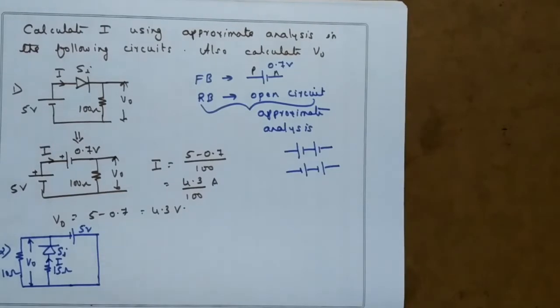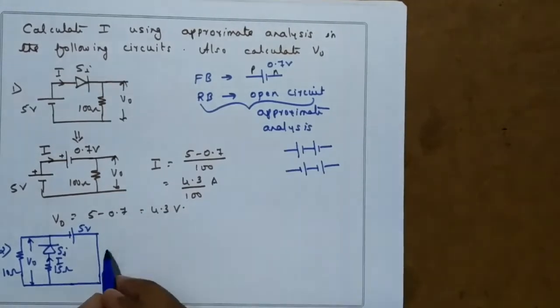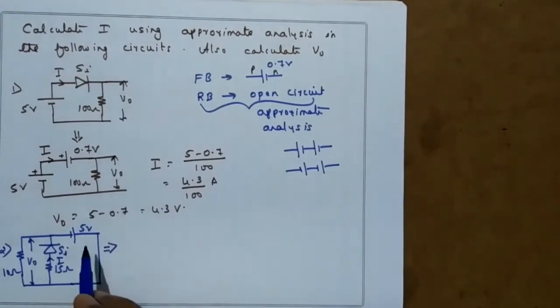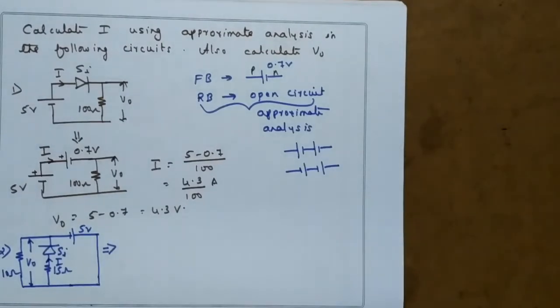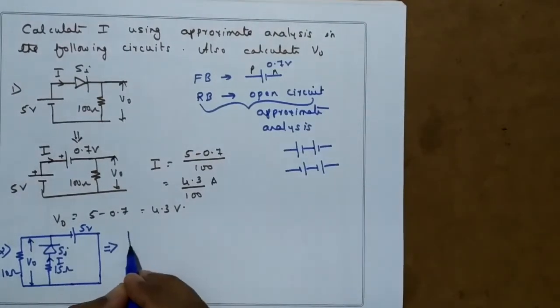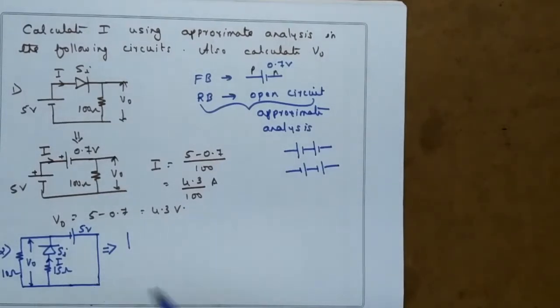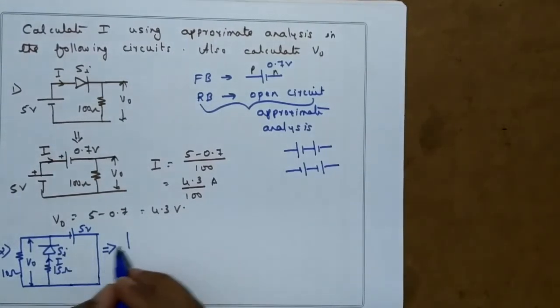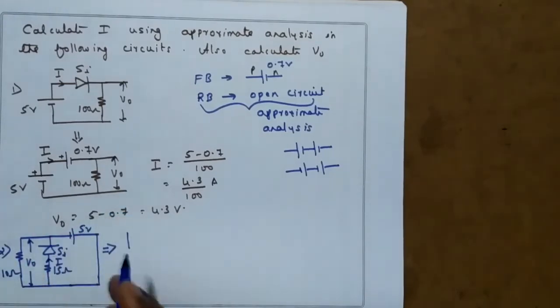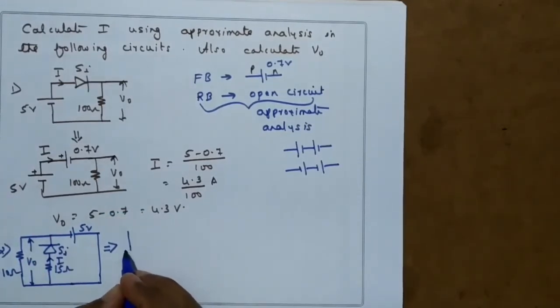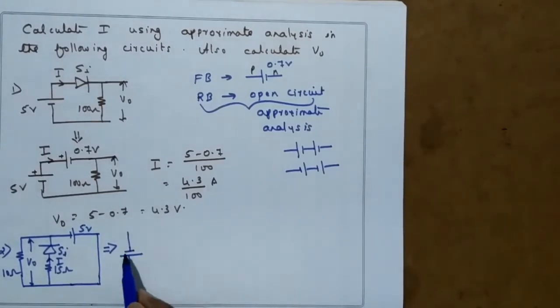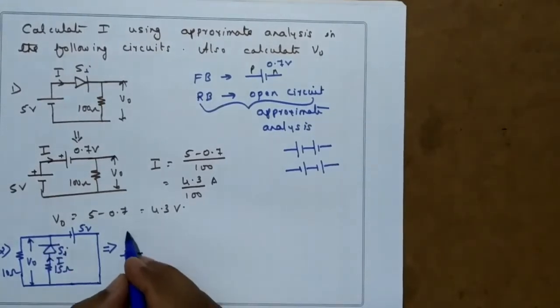What is I and V0 in this particular circuit? We'll rewrite this diagram. Since we are used to this kind of arrangement, first there is a battery and then we measure the output voltage, etc. So I will rewrite this, I will flip it so that it will be easily understood. First I'll write like this, negative is connected to N side.